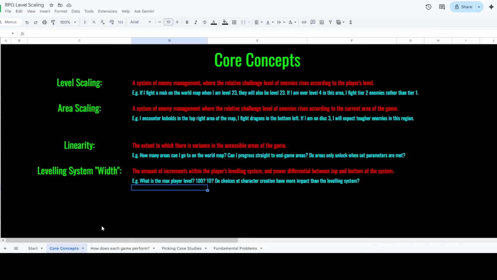When we talk about scaling systems, different people use the terms interchangeably. So for reference, when I say level scaling, I am saying that the enemies scale to the player character's level. Whereas area scaling, the enemies scale to the various area that you're in.